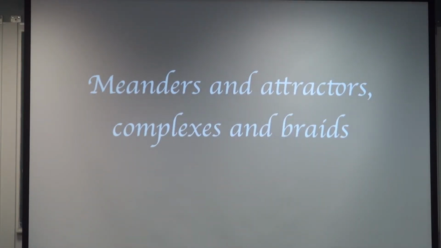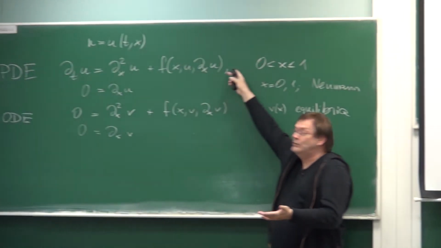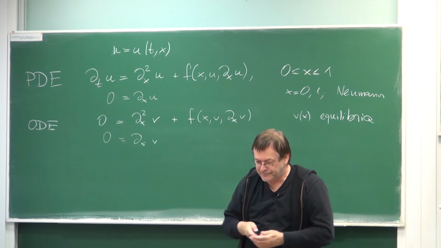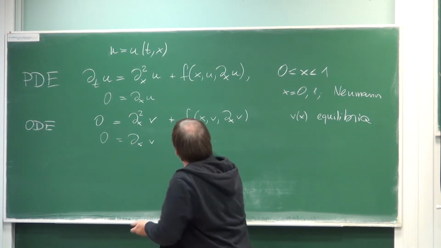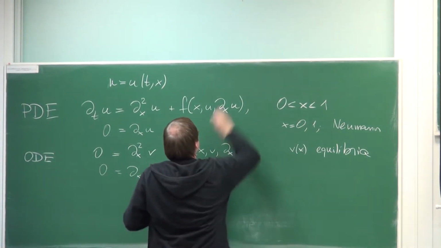So now we have seen how the meander somehow appears in a rather concrete way when we study the equilibrium configuration, the time-independent configuration of a dynamical system, which actually depends on time. So what do the solutions here do? Well, the solutions here don't do much.